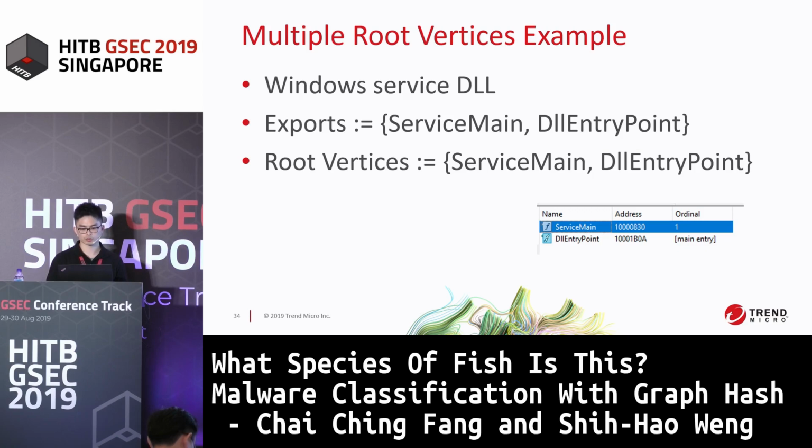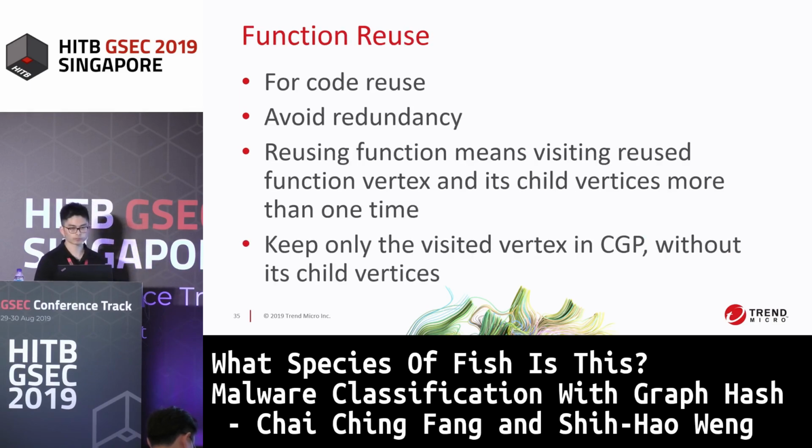You can treat this as the true starting point of a Windows service DLL. And from the code graph point of view, there are 2 root vertices: service main and the DLL entry point.